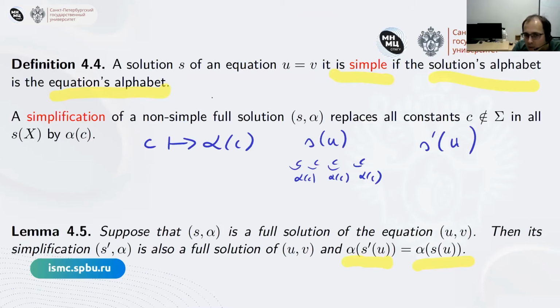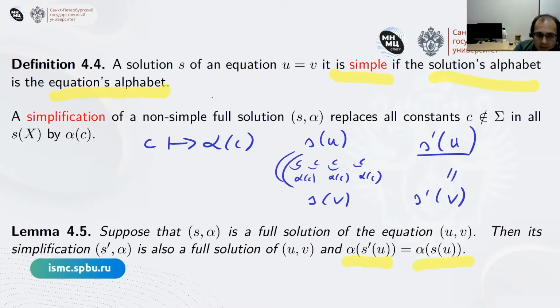It means that all of those occurrences come from variables. We replace all of them by the same substring, which means that this S prime on U is obtained from this S on U by replacing every such C by a new string, and therefore the same holds for the other side. So they are still equal. If those two are equal, then those two are equal as well.